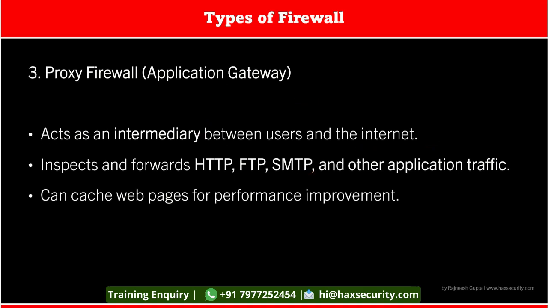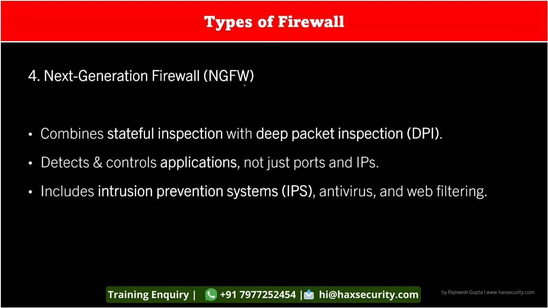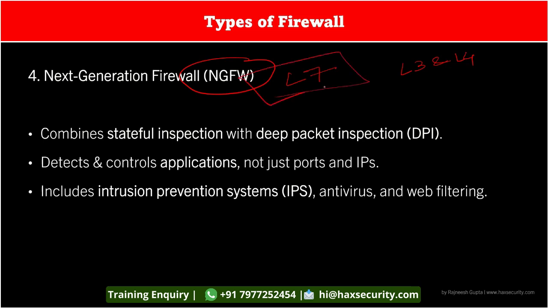The next firewall type is the next generation firewall. This works on layer 7 as well. So far we have seen the packet filtering firewall, which only inspects the connection on layer 3 and layer 4. But this can analyze the traffic up to layer 7, I mean up to the application layer as well.